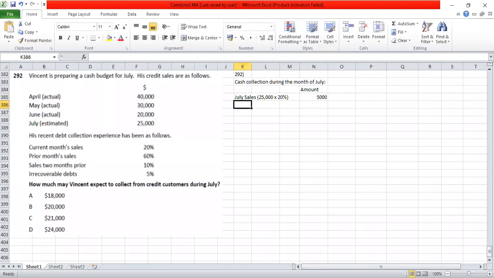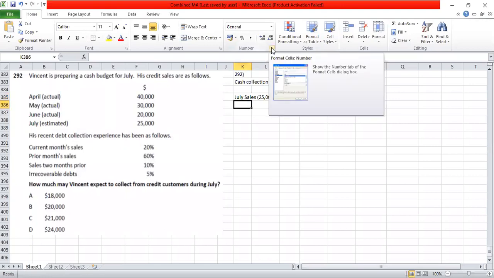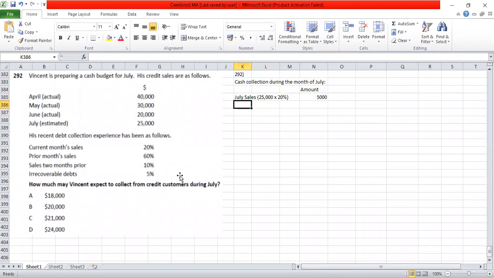Next, prior month. Prior to July would be June. June sales are 20,000. From the prior month, sales collected are 60%.